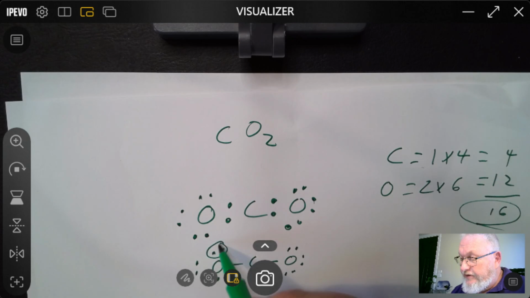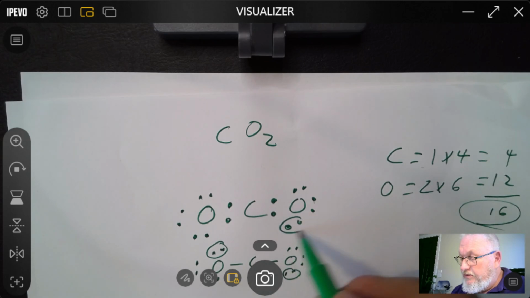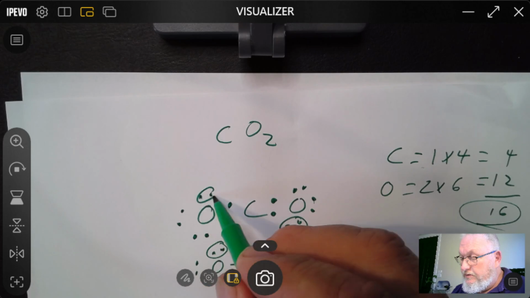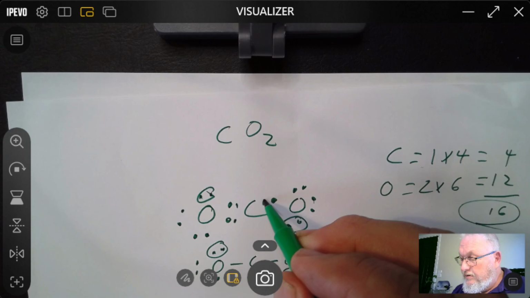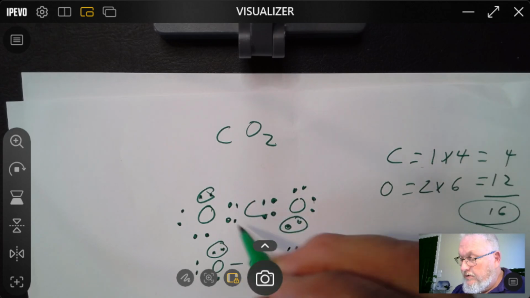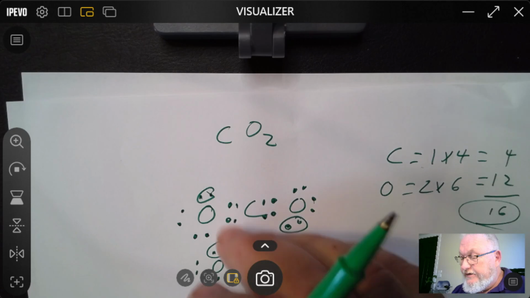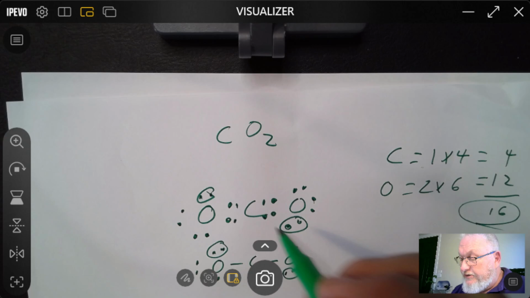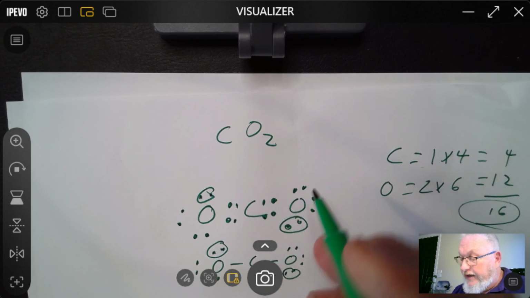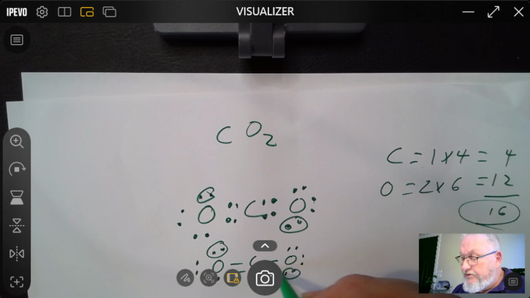So let's take these 2 and these 2 and move those there. Let's do them up here first. So now you got 8 around the oxygen, 8 around the carbon, and 8 around the other oxygen. Let's clean that up some.